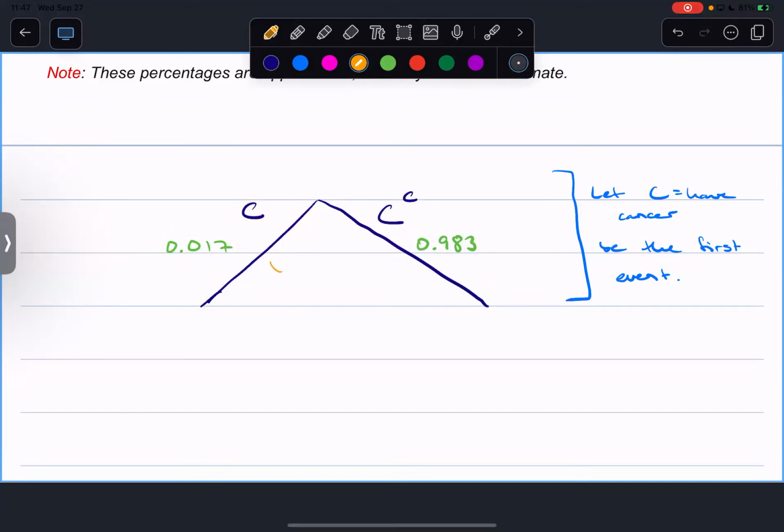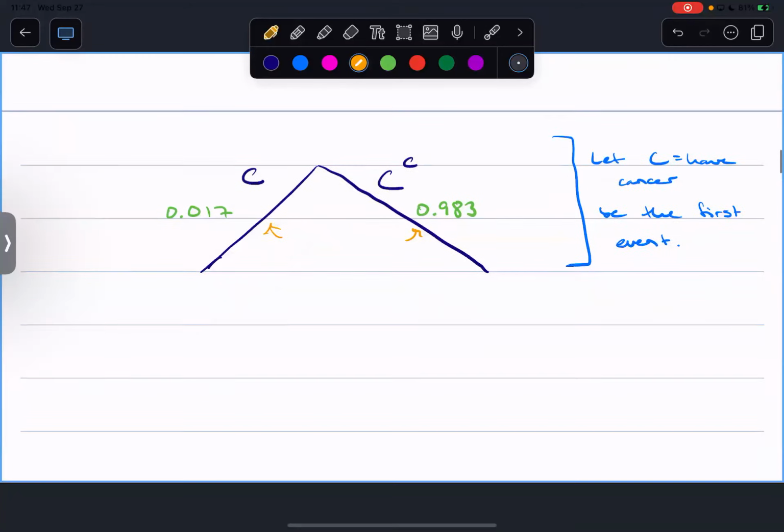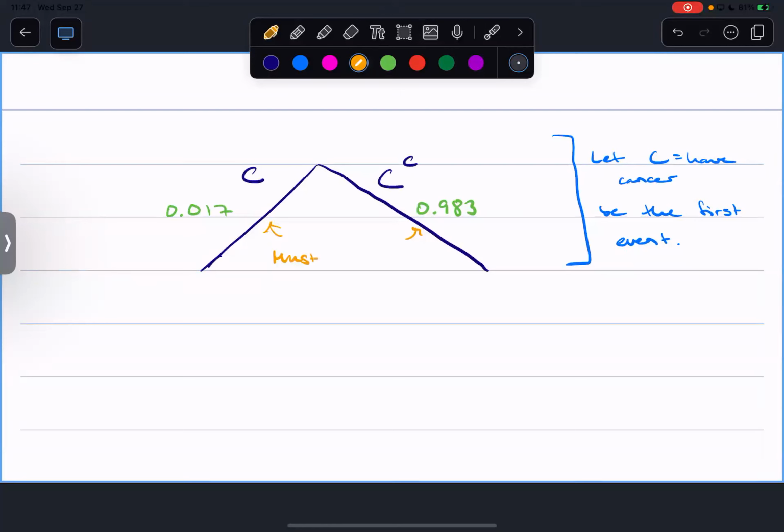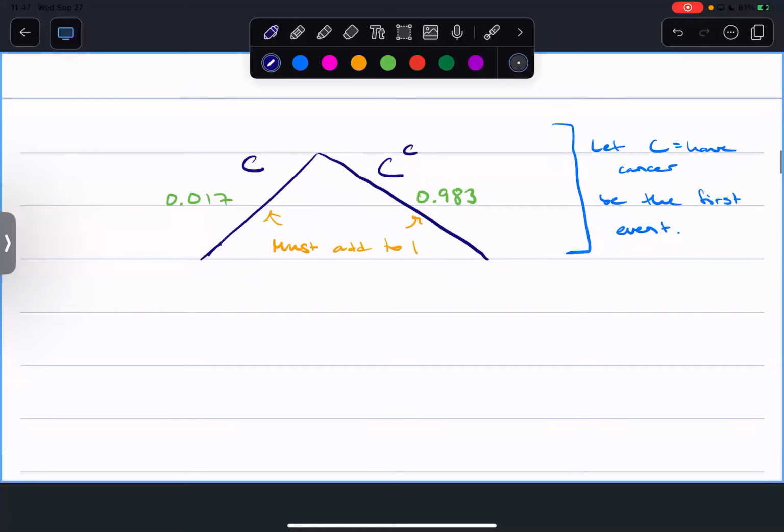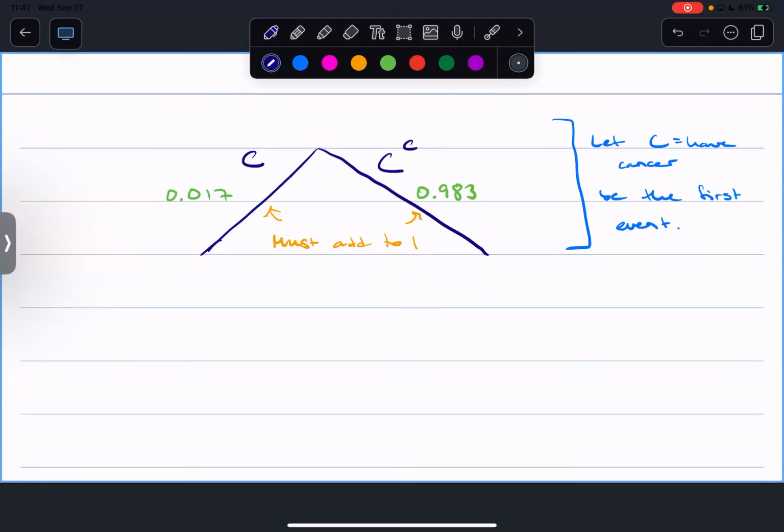As a side note, these must add to 1. Or if you have more than 2 branches, when you add them all up, because that's your sample space, those have to add to 1. All right, so now we're getting into the second event. You have cancer, and so we're down this branch here.